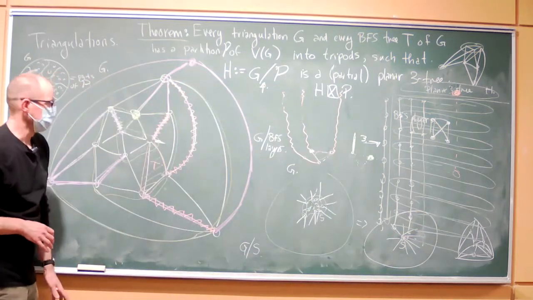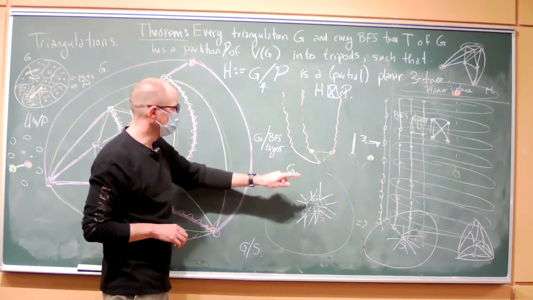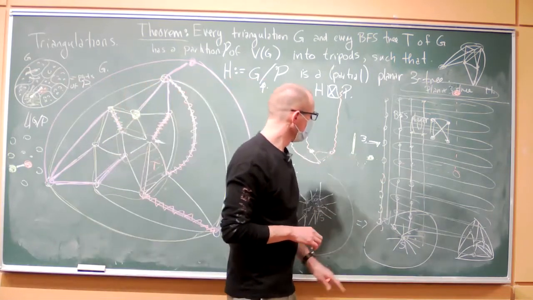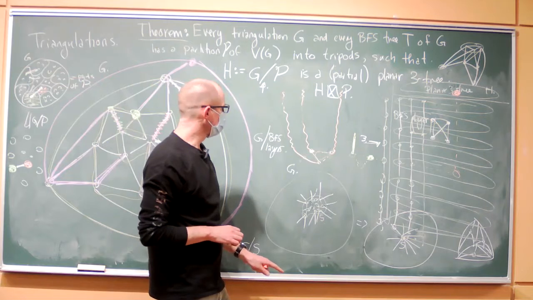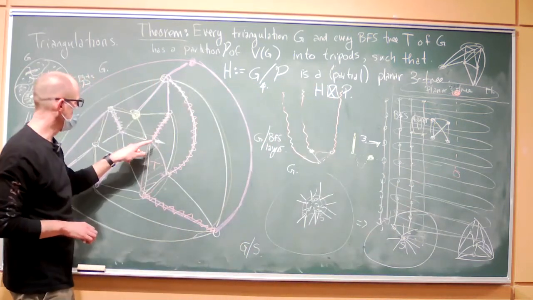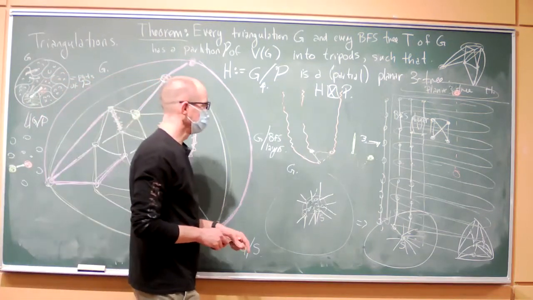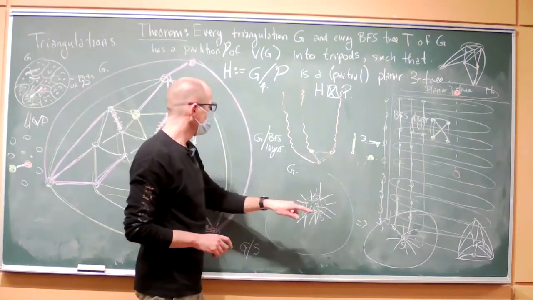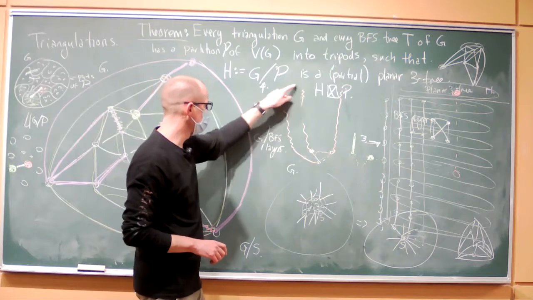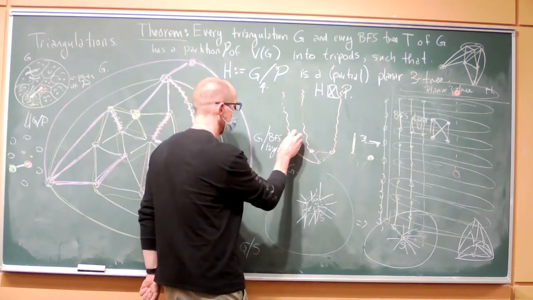And finally, if I tell you which layer you're in and which tripod you're in, right? So like this guy here, I might say it is in this layer and this tripod. Well, I almost know what it is.